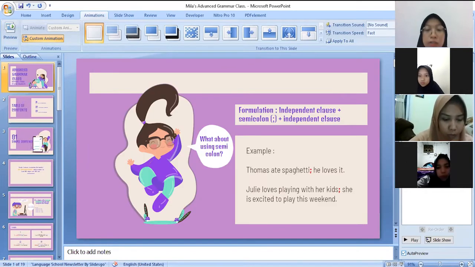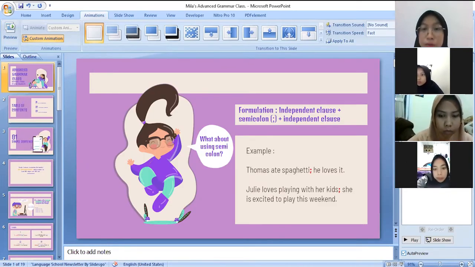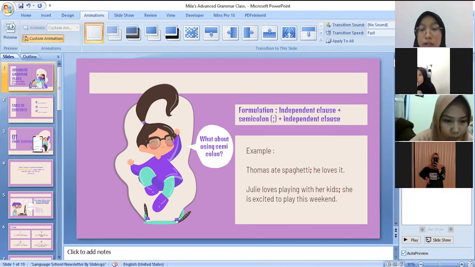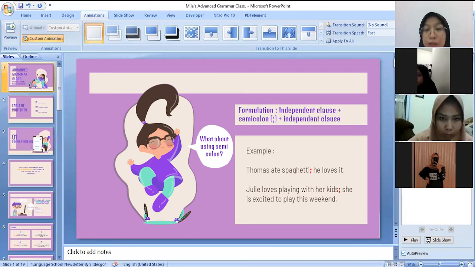What about using semicolon? The formulation, atau rumusnya, independent clause plus semicolon or tanda titik koma plus independent clause. So the semicolon here is the connector of two independent clauses in a compound sentence.